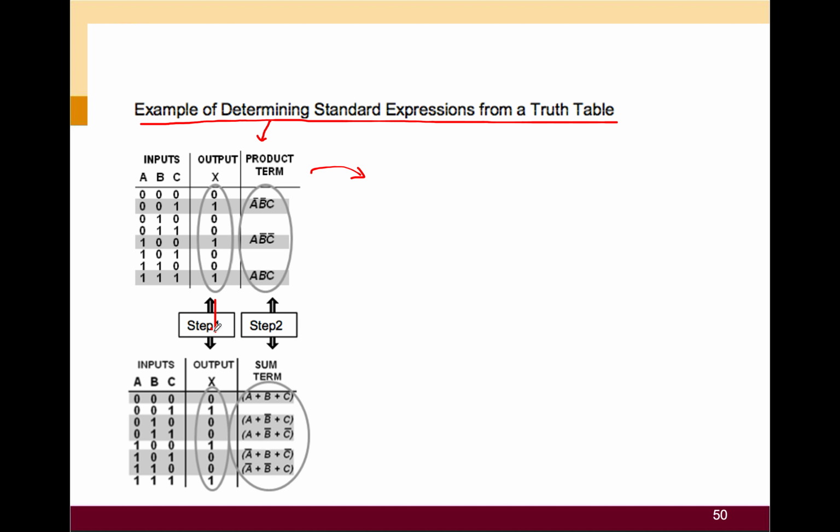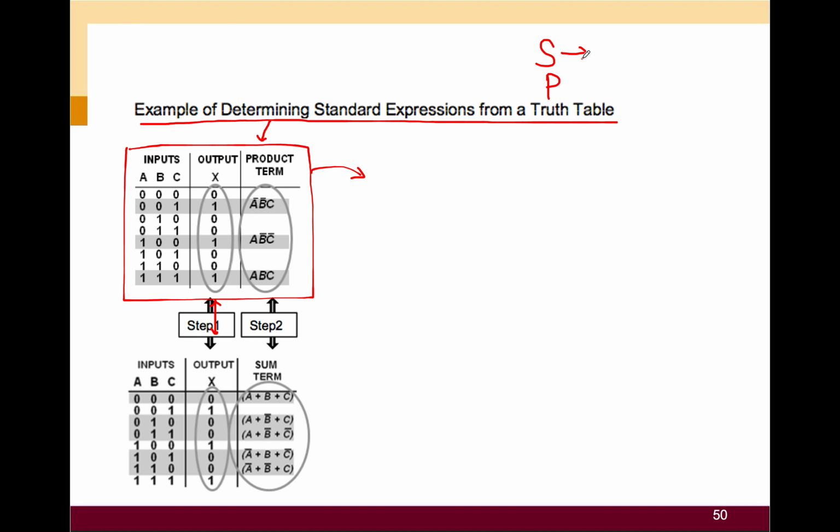Let's say there are two truth tables over here. Is it similar? Yes, 1010, 100. In one truth table, you can get both the SOP and POS Boolean expressions.